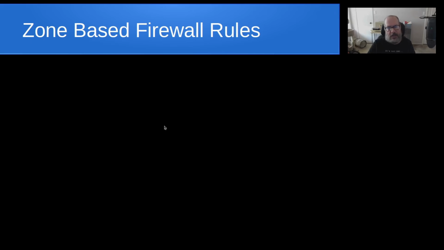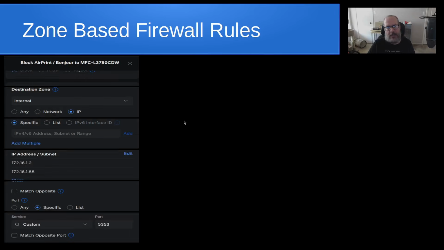So then what I did is I went back into the printer and I turned on the AirPrint capability, but then I went into my zone-based firewall on the UDM Pro, and I basically block AirPrint and Bonjour, which is the other name for MDNS traffic, to the new printer and also to the old printer.